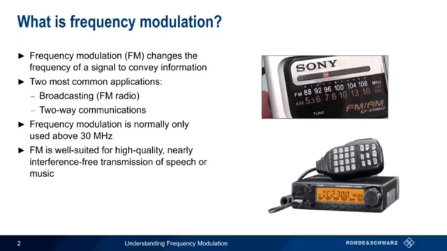FM is well suited for high quality, nearly interference-free transmission of speech or music, as we know that in an AM wave the amplitude varies, and this variation in amplitude will create noise, whereas in FM the frequency varies and the amplitude remains constant, so noise can be reduced in FM. Therefore FM is better than AM in noise reduction.